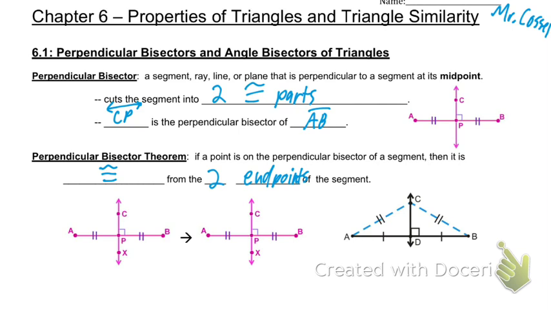So X, P, and C are all on the perpendicular bisector of the segment. Any of these points, we're going to talk about C right now, are equidistant, the same distance, from A and B. Excuse me, I said the word congruent there. I messed up. That's supposed to be the word equidistant.